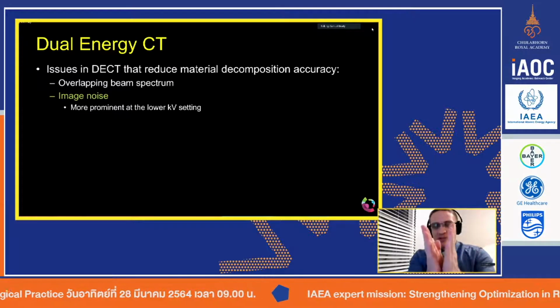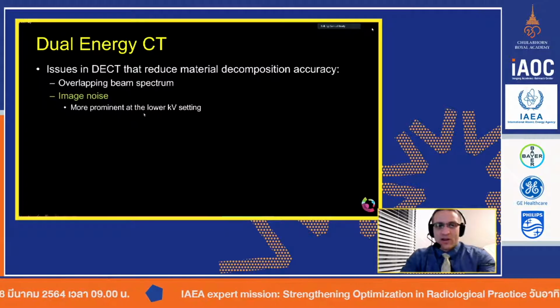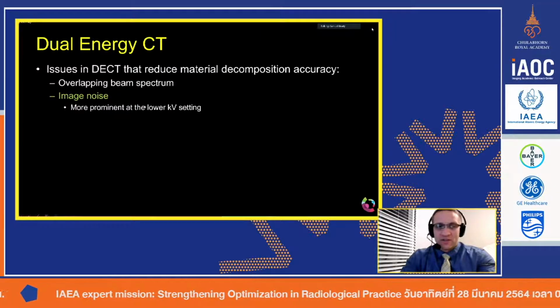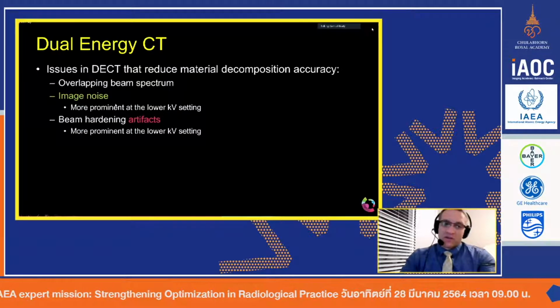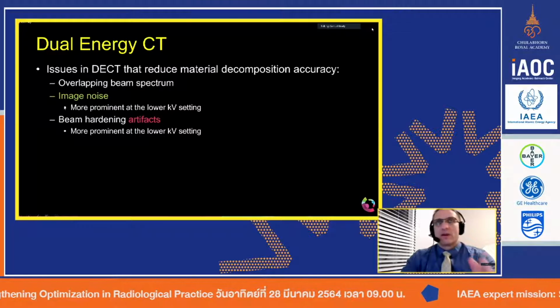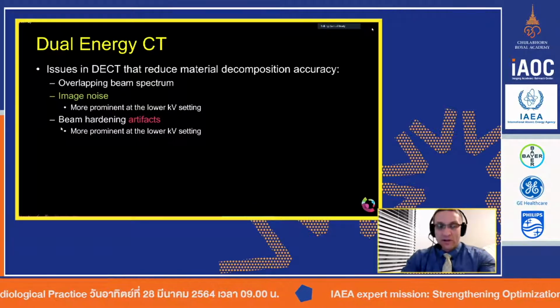Remember that spread in the red and blue curves. Image noise is much more prominent in lower kV images. And then of course there are always artifacts.